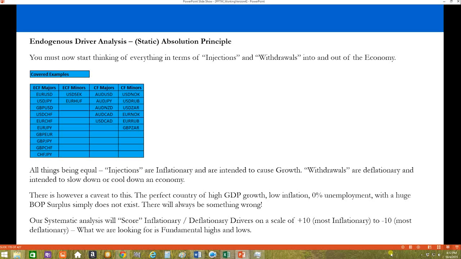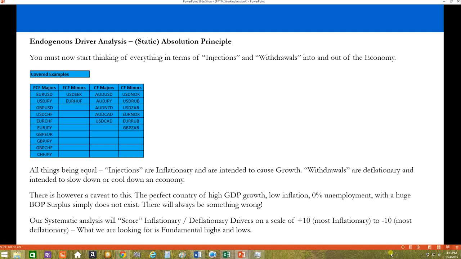Well, the perfect country in economics really is a country with high GDP growth, low inflation, 0% unemployment, and a huge balance of payments surplus. Obviously, that situation cannot exist, and you'll see why as we go through the video series. There's always going to be something wrong with a country.